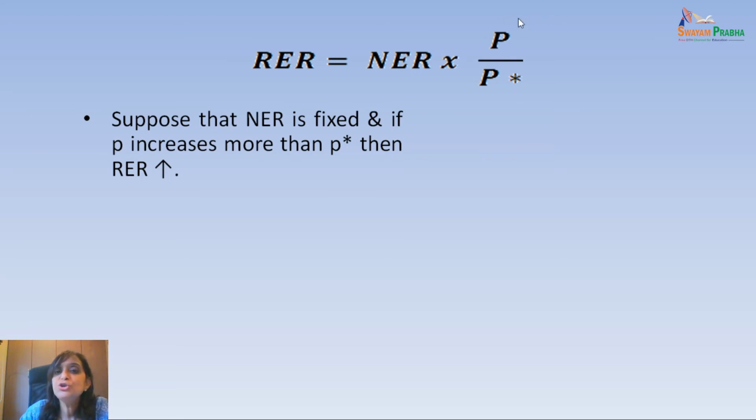So the change in the numerator, that is P, is more than the change in the denominator, that is P star. What will happen to your real exchange rate? Going by simple calculation and simple logic, because of this change in P and P star, your real exchange rate, given by RER, will increase, assuming NER is constant.